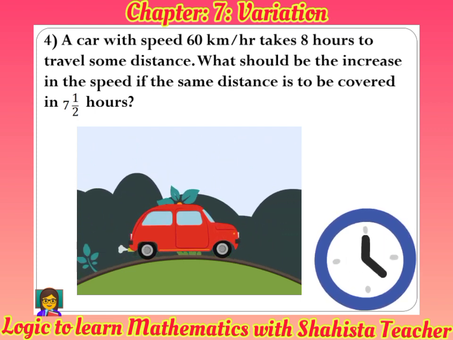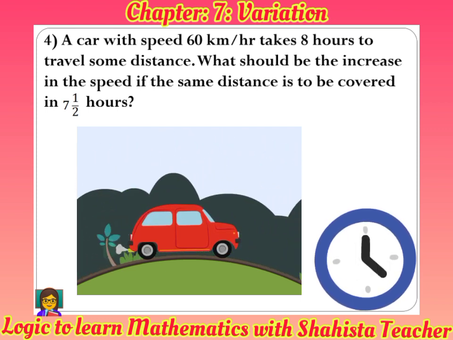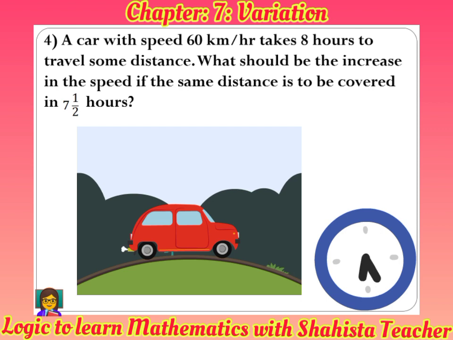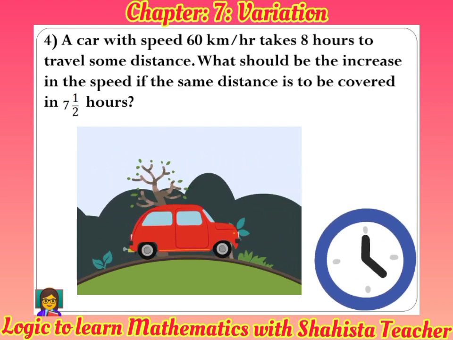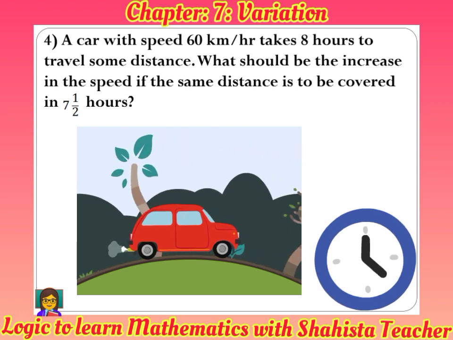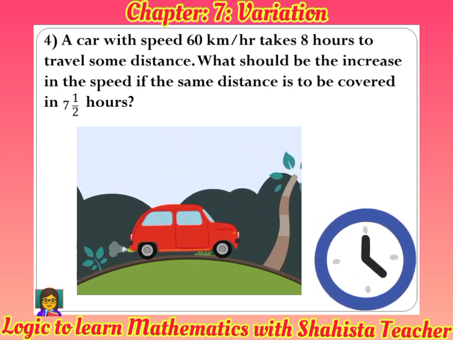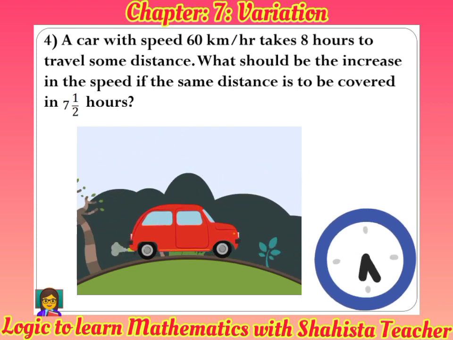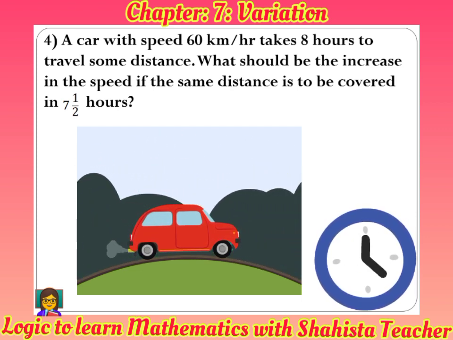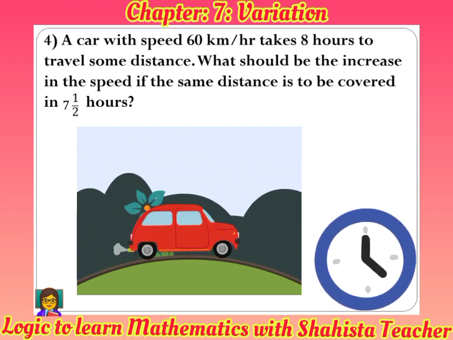What should be the increase in speed if the same distance is to be covered in 7.5 hours? So this we have to find. So now we are going to use the constant value and do the same multiplication method.